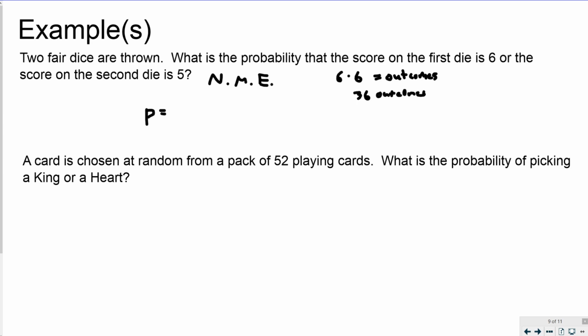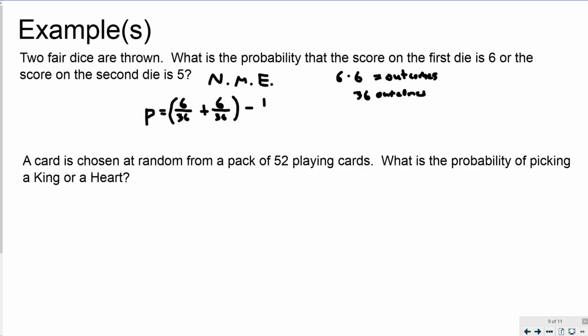So if the probability on the first die is a 6, so we need a 6 set on the first die, and then there are 6 outcomes that could happen on the second die. So that would be 6 over 36. And then the second die, if it turns up a 5, there are still 6 other ways the first die could show up. So 6 out of 36 for both of those. You're going to add those together. But then there is exactly one way that the die roll could show up a 6 on the first die and a 5 on the second die.